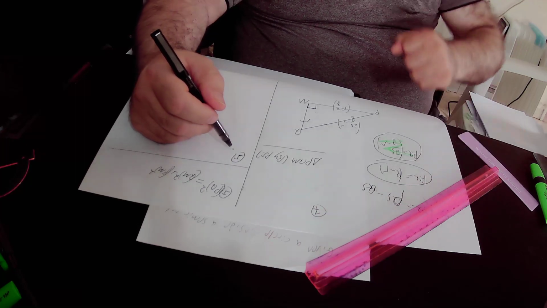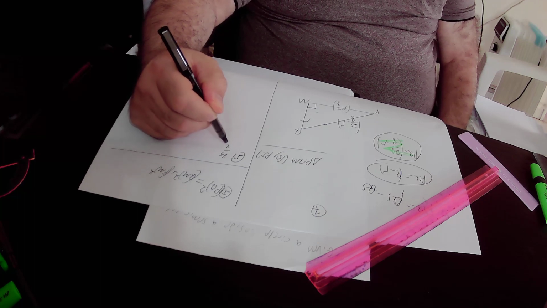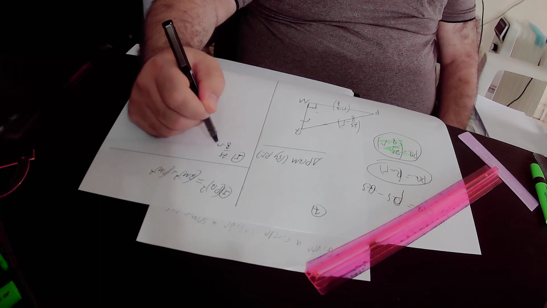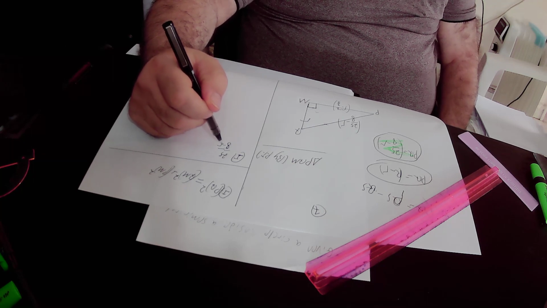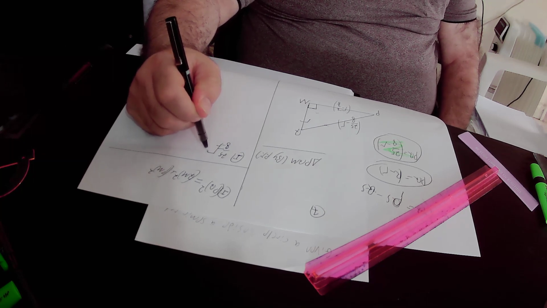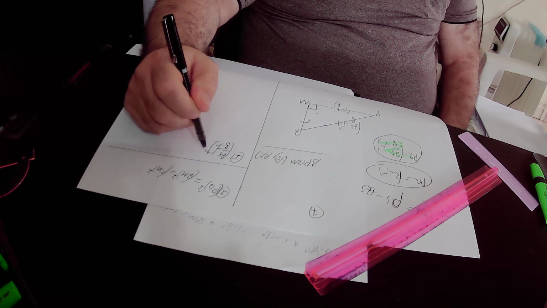PQ equals 25 over 8 minus small r. So PQ square is (25 over 8 minus r) squared.